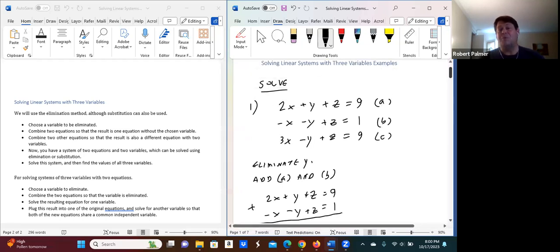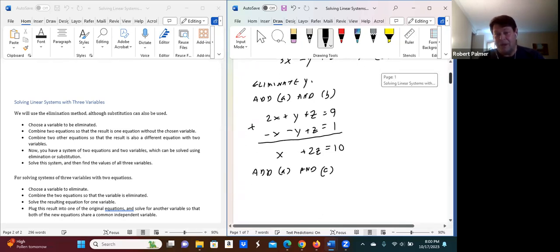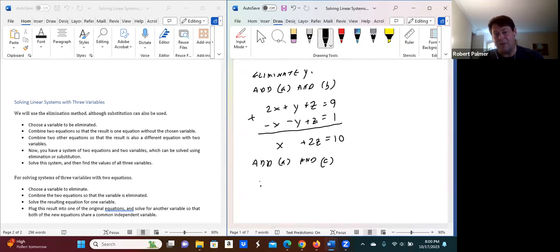Although, like with systems of two equations, you might multiply one or both equations by some number so you can add them to eliminate a variable. This time let's add equations A and C. Let's write those down. A, that's my equation A right there: 2x plus y plus z is equal to 9.